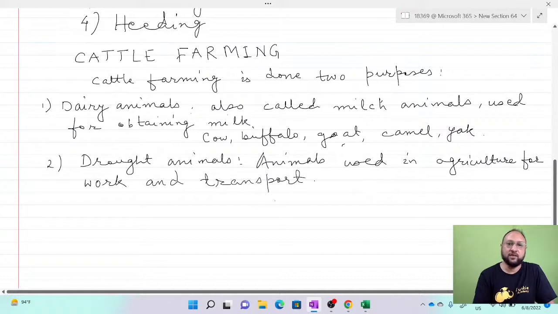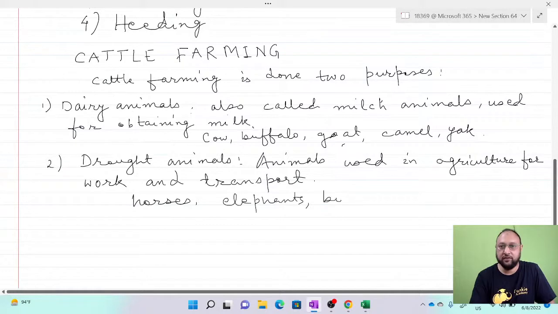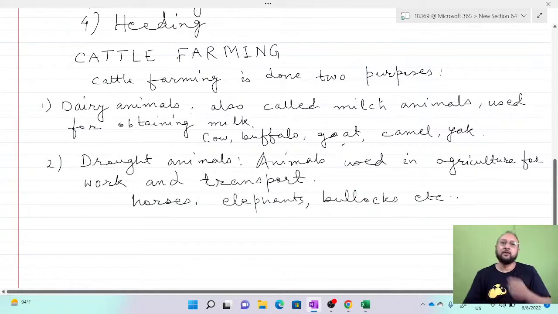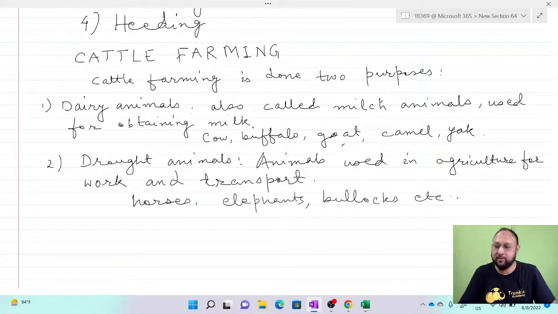So examples are the horses, then the elephants, then the bullocks, etc. Horses are also reared for transport and some other purposes.